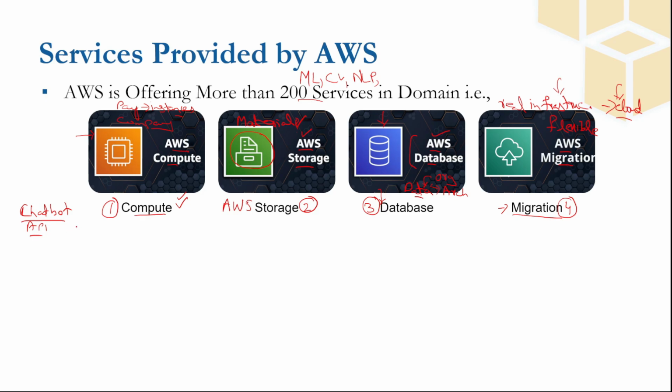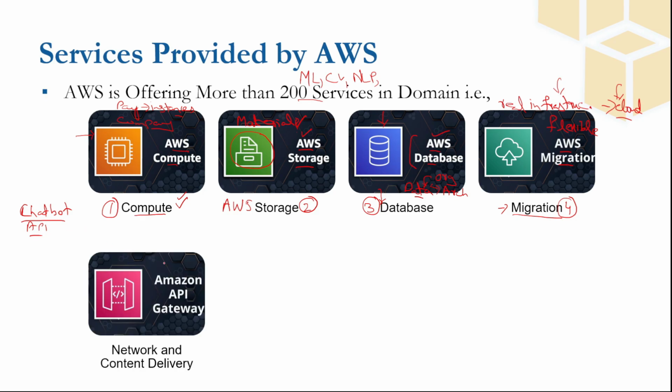So that way, AWS also gives you a platform which is called Amazon API Gateway, that is used for network and content delivery, and it will make sure that your product, which can be a chatbot, which can be anything else, right? Your product is delivered to the customer with ease, right? And the customer can use this Amazon API Gateway to use your product as an API, right? So this is a very important tool, and it is used by developers a lot.